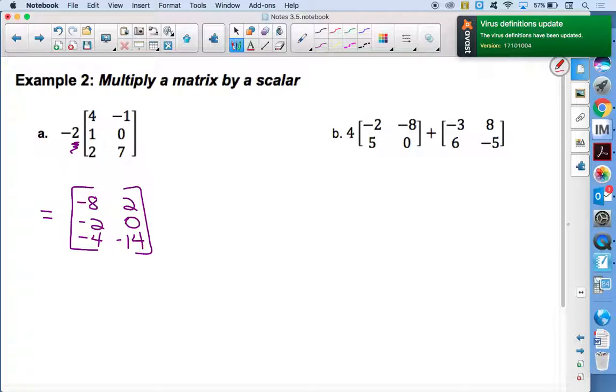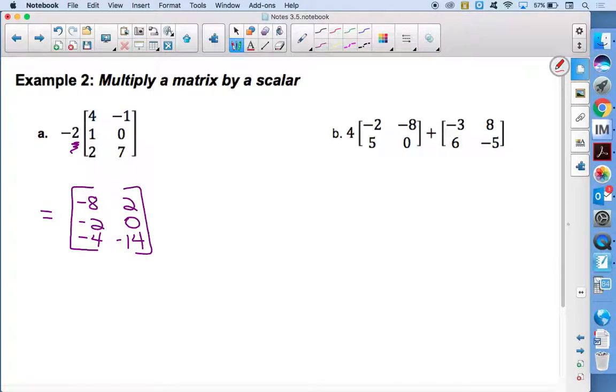So Amanda, what would you do first? Why do you multiply before adding them? Yeah, order of operations says multiplication first before addition or subtraction, so that works the same way with matrices. So what did you get when you added them, Amanda? Or, I'm sorry, how about when you multiplied? I got negative 8.